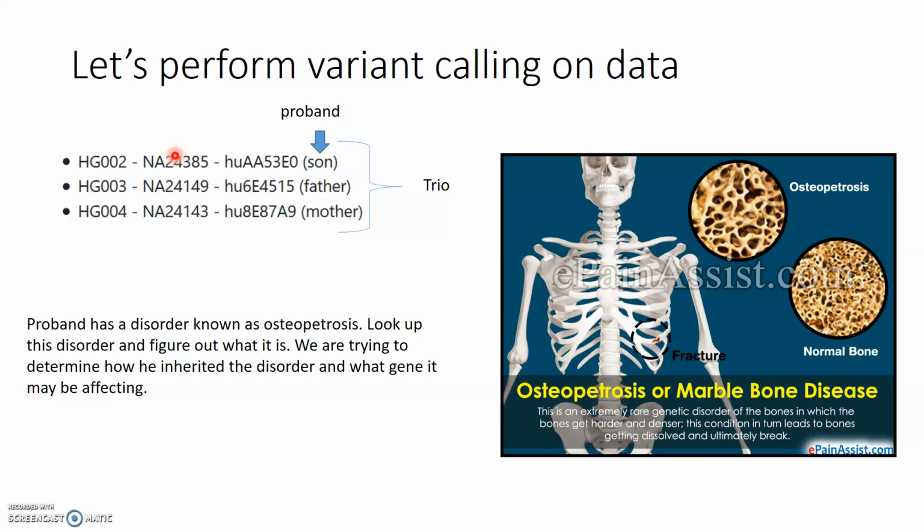You can look up osteopetrosis, but basically it's a bone growth disorder that causes very dense formation of the bones. This actually leads to bones being more prone to fractures and breaks and other things.